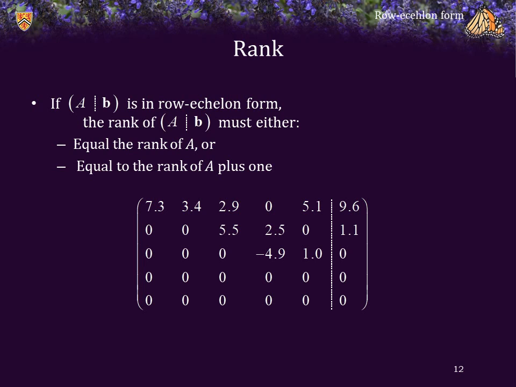For example, here we see a matrix where the rank of the augmented matrix is equal to the rank of the matrix, which is equal to 3. However, if we set that next entry in the target vector to be non-zero, now the rank of the augmented matrix is 4, while the rank of the matrix A is still 3.